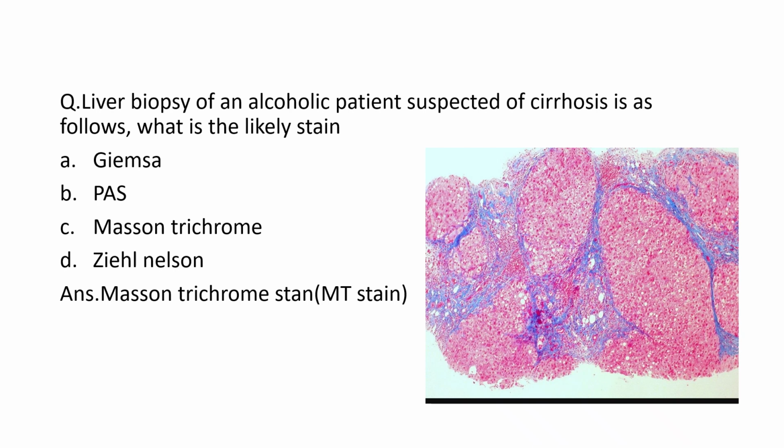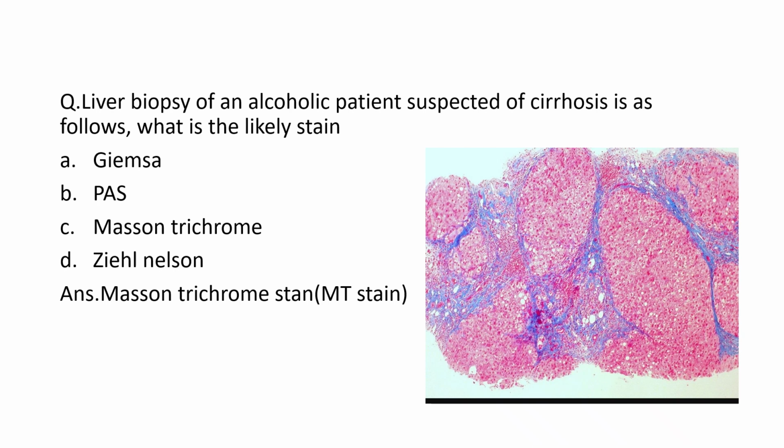Giemsa gives a dark blue color and stains cells; we use it to stain cells in hematology. PAS is used to stain mucin, basement membrane, and the capsule of various fungi, and it gives a magenta pink color. Ziehl-Neelsen stain is used to stain acid fast bacilli like Mycobacterium tuberculosis, and it gives the bacilli a reddish color on a bluish green background.